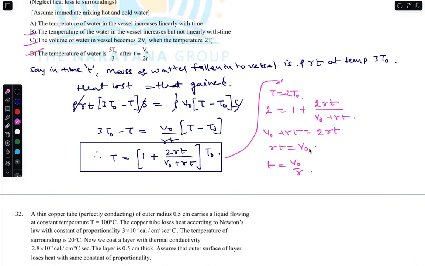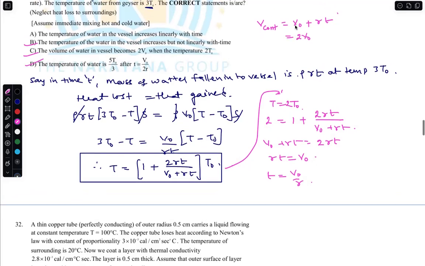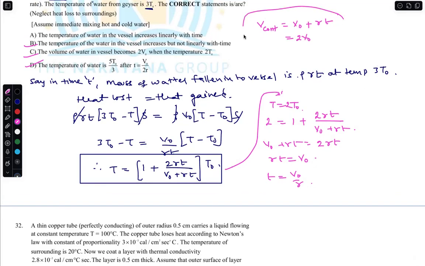The volume of the water in the vessel becomes 2V naught when the temperature is 2T naught. Now this is the time. So what is the volume in the container? Already existing V naught plus fallen Rt, and Rt is V naught. So totally this will become 2V naught.